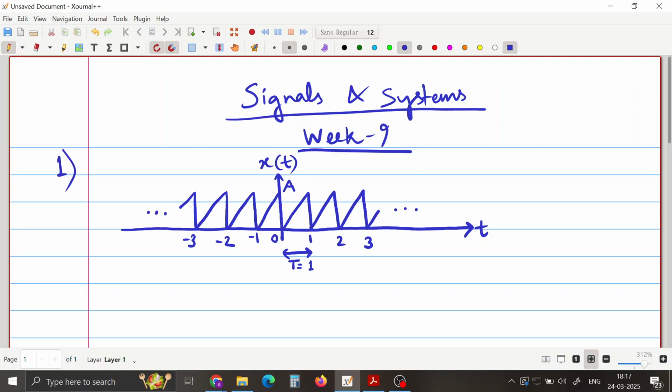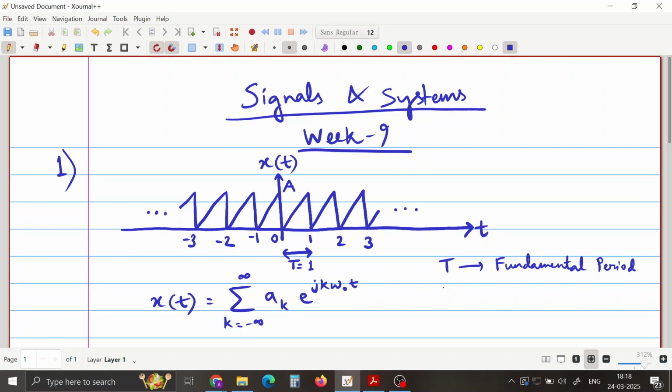So capital T, the fundamental period, is 1, and we know that the exponential Fourier series representation of a periodic signal x of t has this form: summation k running from minus infinity to infinity of a k e power j k omega naught t, where capital T is the fundamental period and omega naught is your fundamental frequency.